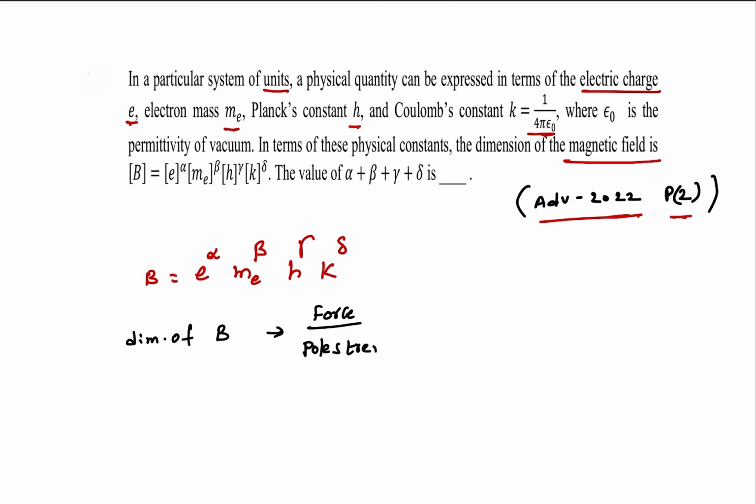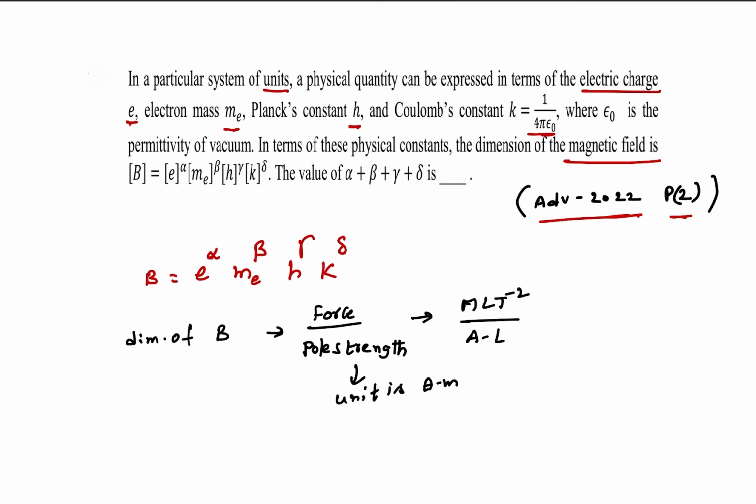Magnetic field can be written as force per unit pole strength. The dimension of force is M L T power minus 2, divided by pole strength, whose unit is ampere meter.